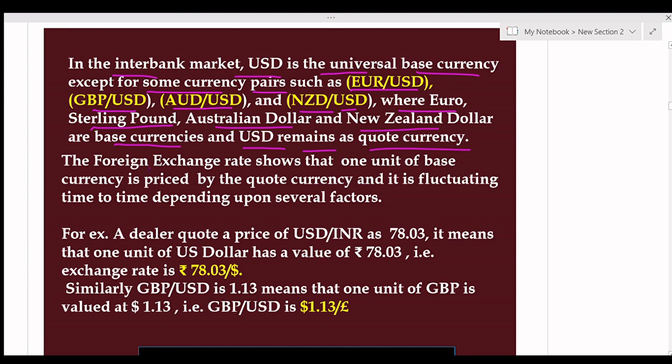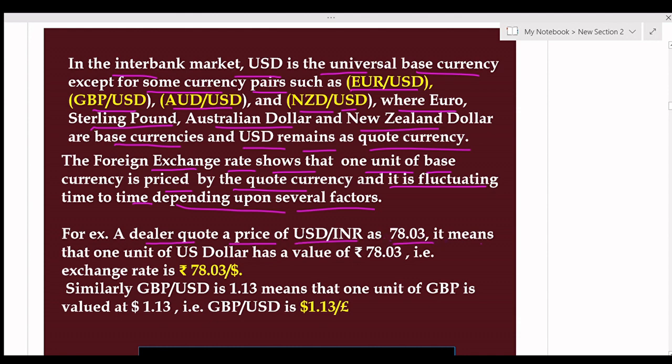The foreign exchange rate shows that 1 unit of base currency is priced by the quote currency, and it fluctuates from time to time depending upon several factors. For example, a dealer quotes a price of USD/INR as 78.03.